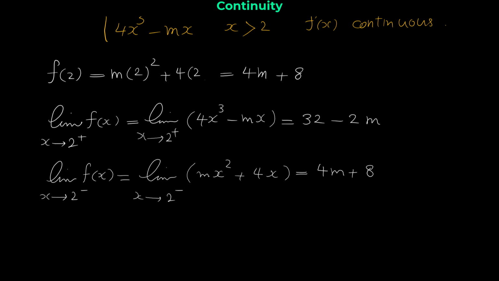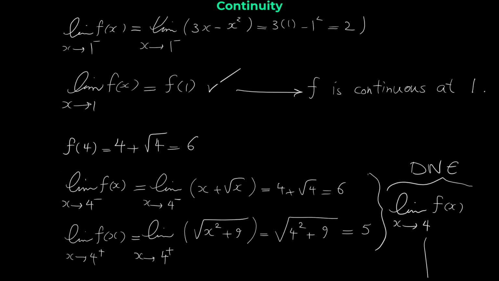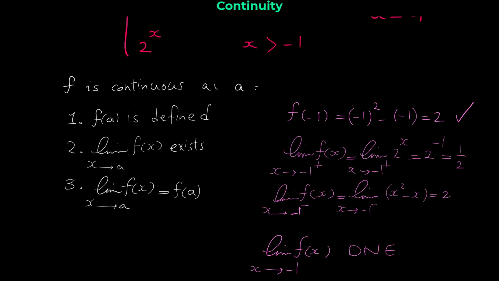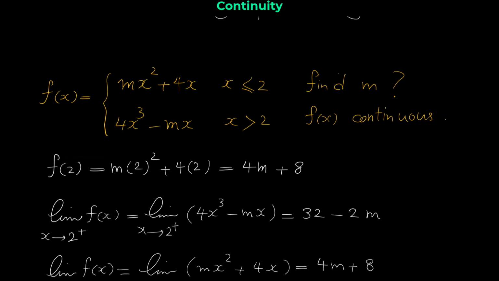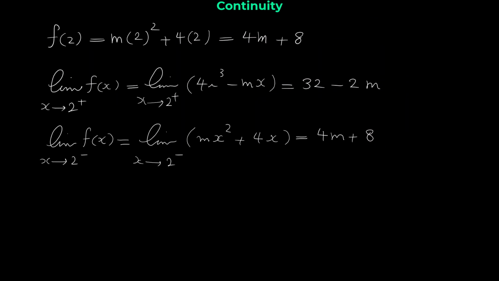Now remember the definition of continuity of a function at a point. A function is continuous at a point when the limit exists at that point. Back to this question. The limit from the right is 32 minus 2m, as you can see here.